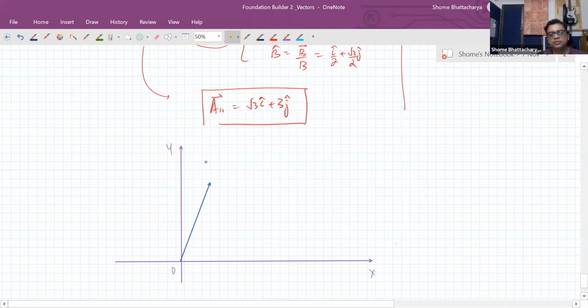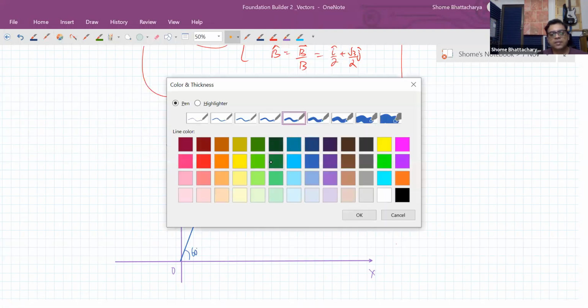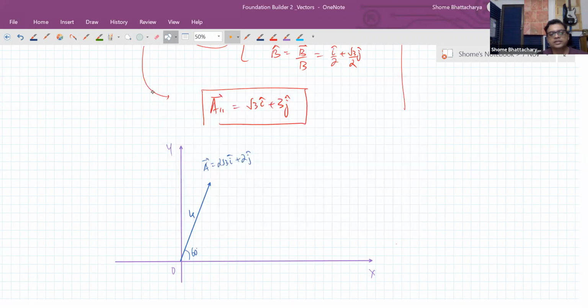So the vector A was 2 root 3 I cap plus 2 j cap. So it is at 60 degrees with respect to the x-axis, and its magnitude is 4. Okay. Whereas if you look at the vector B, it is at 30 degrees to the x-axis.